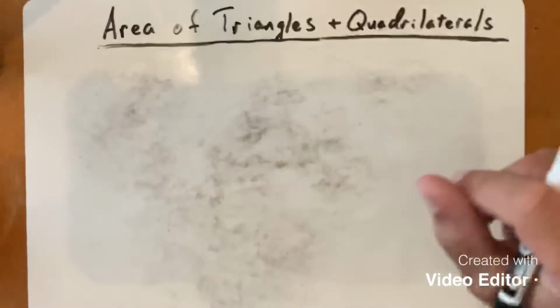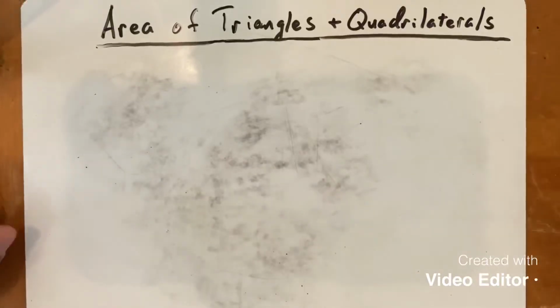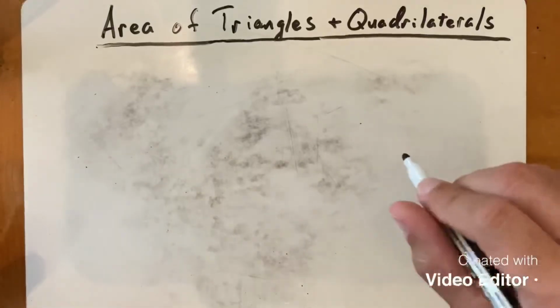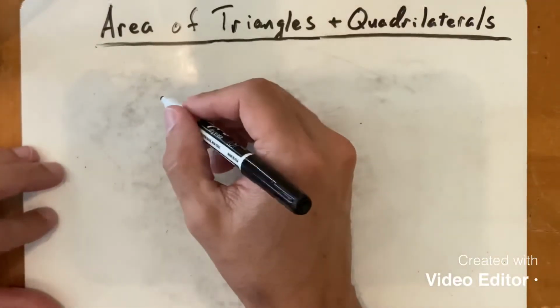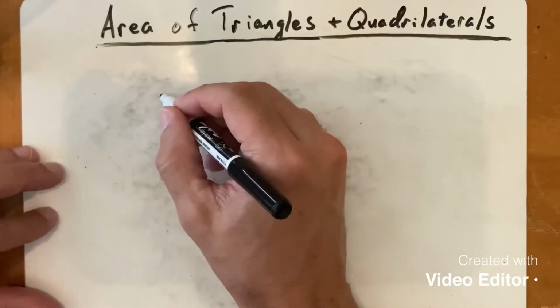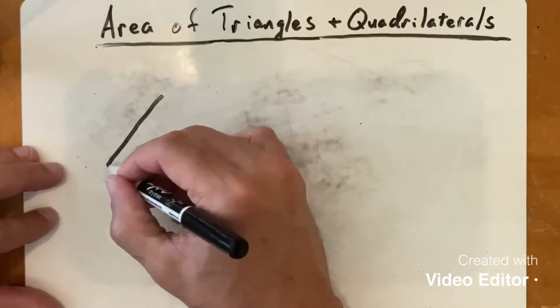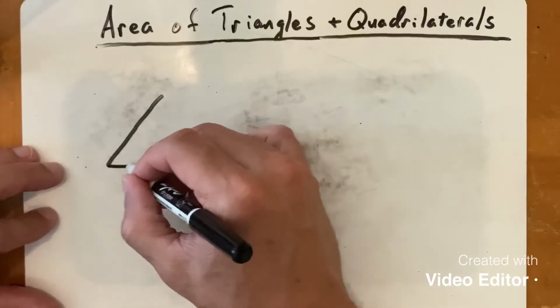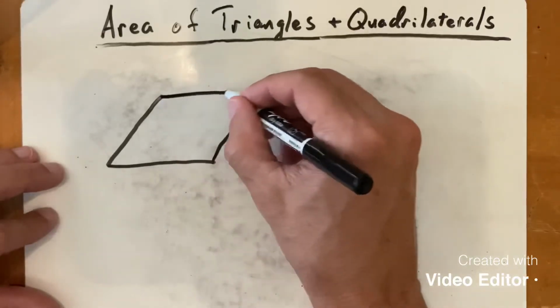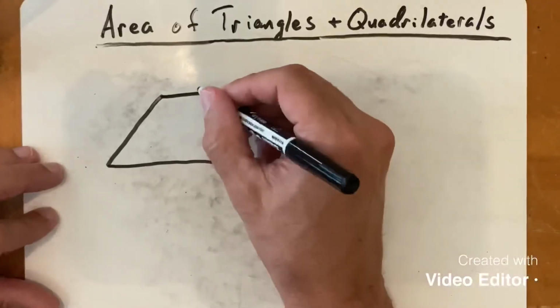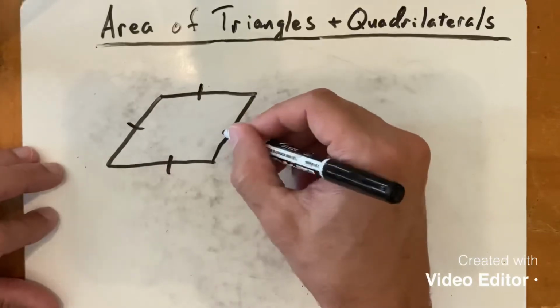All right, so the last two quadrilaterals that we're going to talk about today are the rhombus and the kite. If you remember, a rhombus is simply a quadrilateral that has 4 congruent sides. They may or may not have right angles, but all 4 sides are congruent.